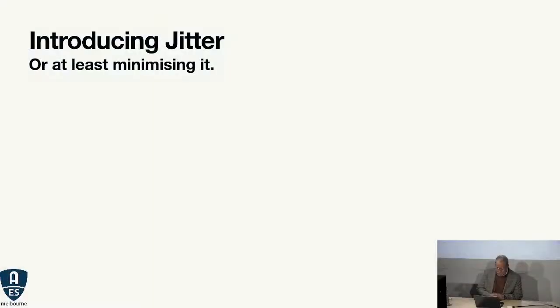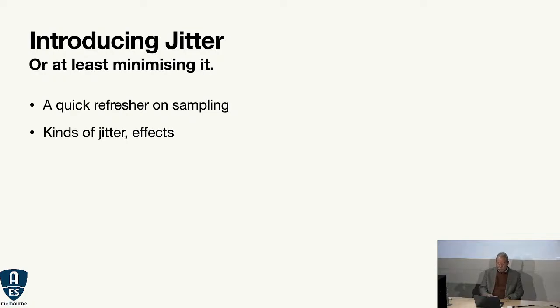Although Graham has introduced a lot of what I'm going to talk about, I'll go through it again a little bit just to bring us up to speed of what we're going to talk about, where we're going to go with this. So start with a quick refresher on sampling, just so we all see what it is that we're talking about. A discussion of the kinds of jitter and the effects of jitter on audio. How much jitter is okay for a given target.